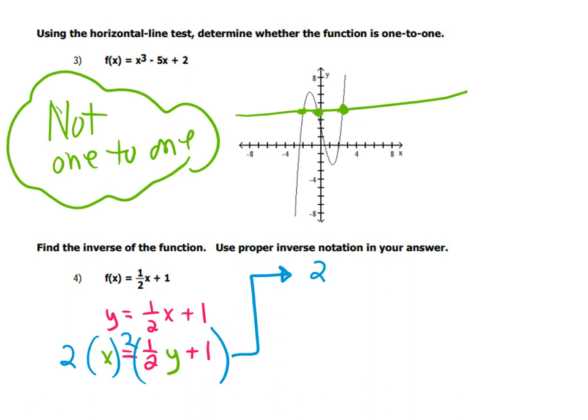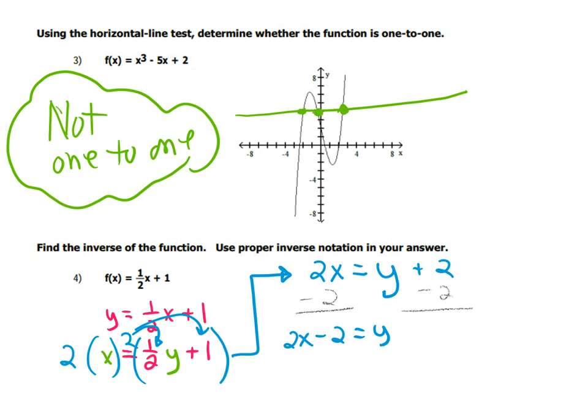So I'm going to have 2x on the left. And then when you take this 2 times the 1/2 y, you're just left with a 1y. But then I got to take 2 times 1, and that is 2. And then I'm going to subtract the 2 from both sides so that I'll have a 2x minus 2 is equal to y, which is the same thing as y equals 2x minus 2.